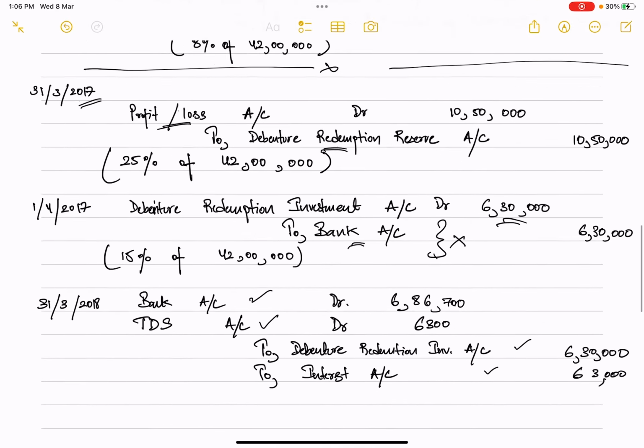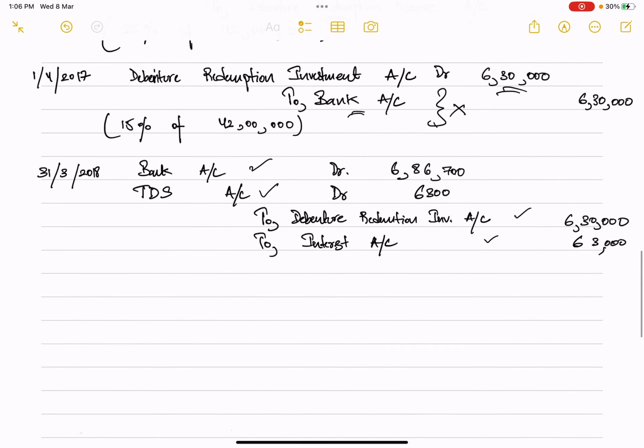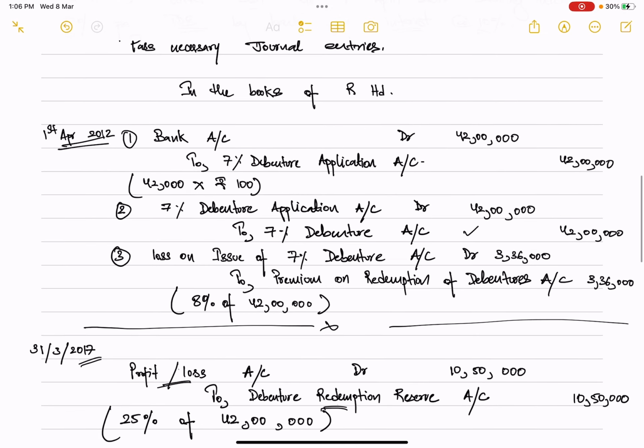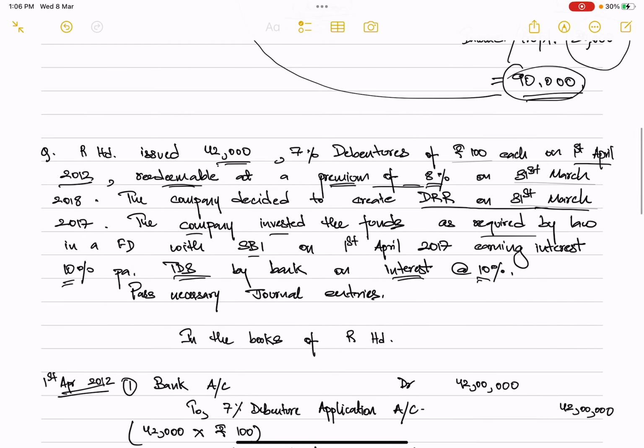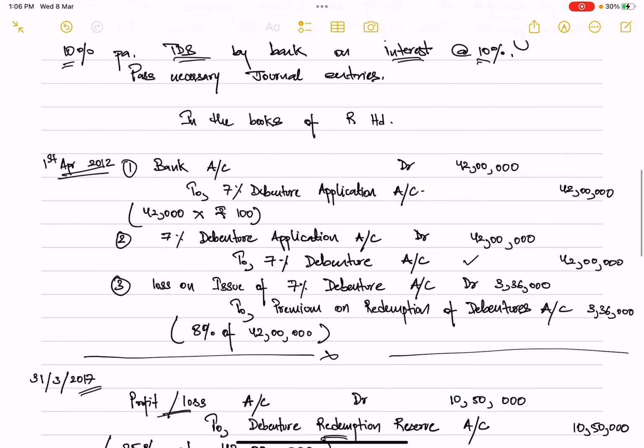All right, so on the closing, your 7% debenture account will get debited. What was the value? It was 42 lakh rupees, which needs to be returned. Apart from that, you might have forgotten, in the question it was stated that it will be redeemable at a premium, and for this premium we had also created a premium on redemption account which was credited with 3,36,000.